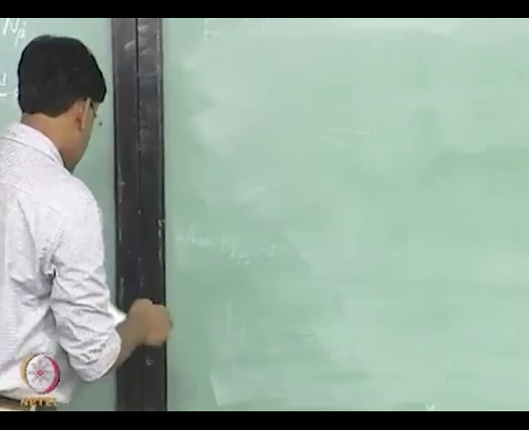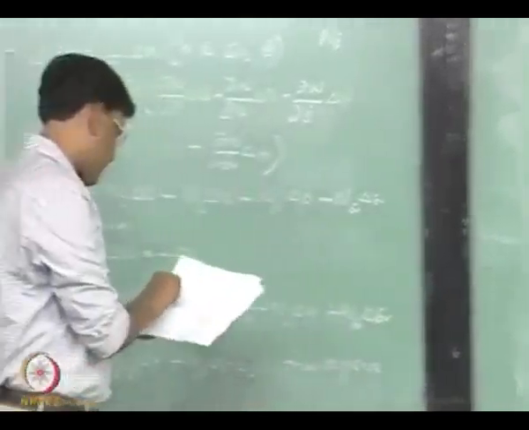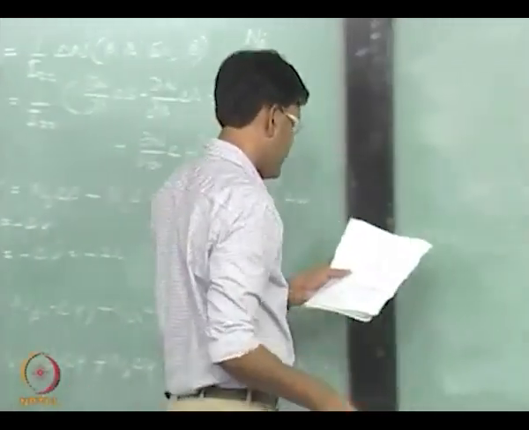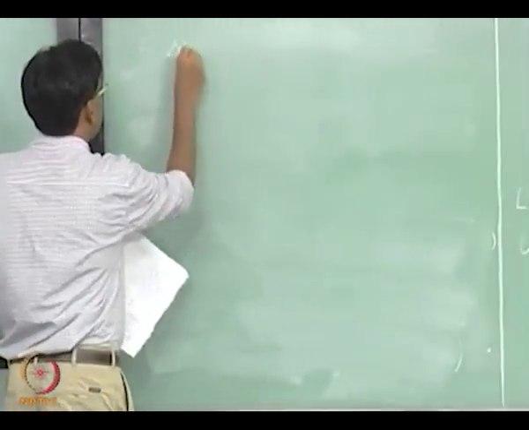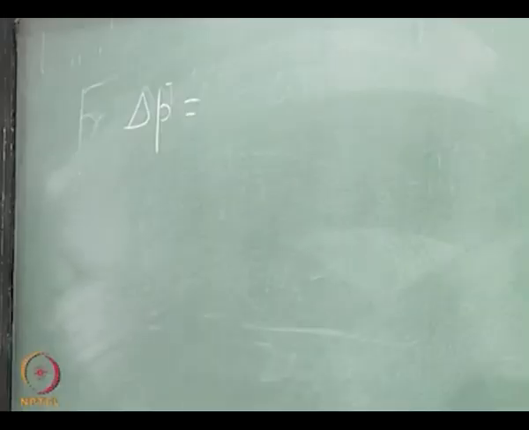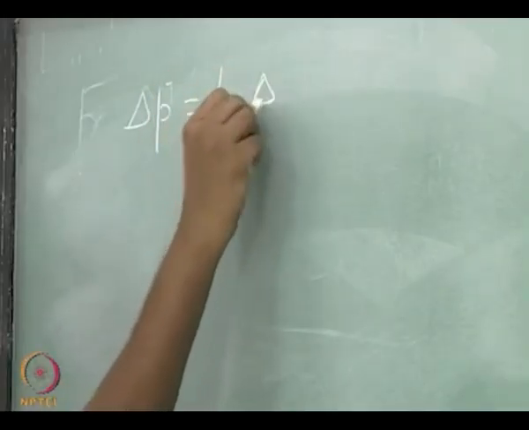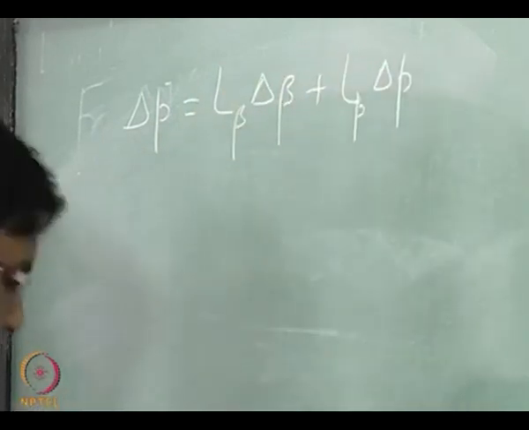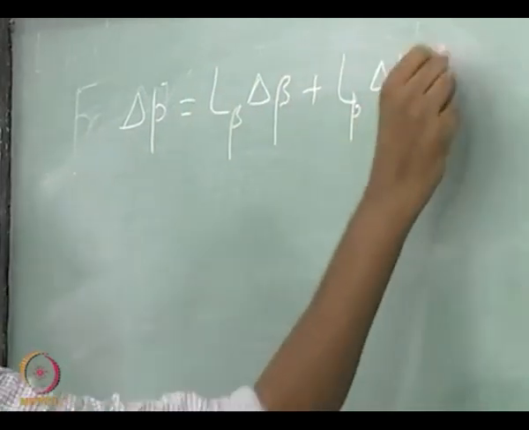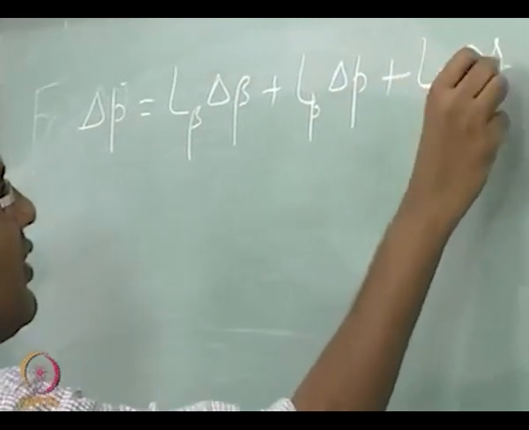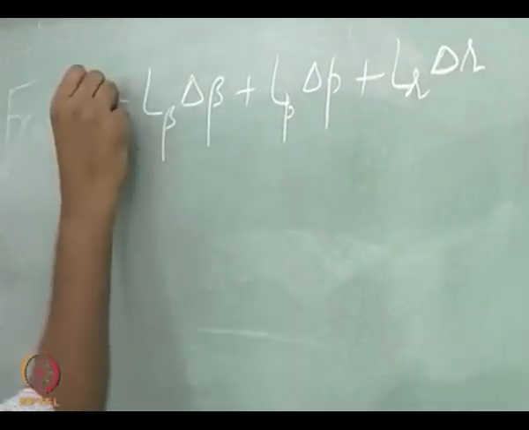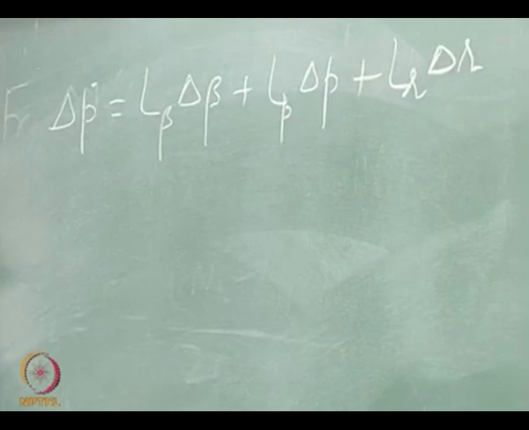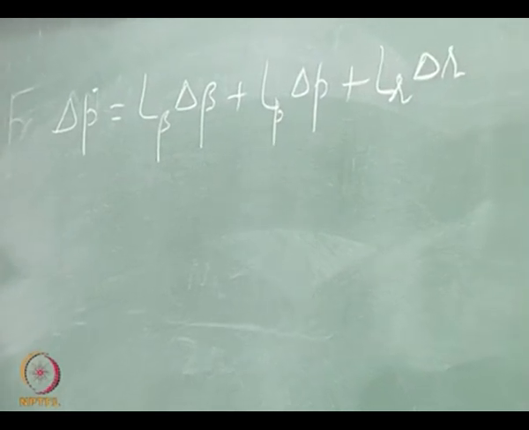Okay. So, once you do that, what you are left with is this delta p dot, and there is a steady increase in the bank angle.